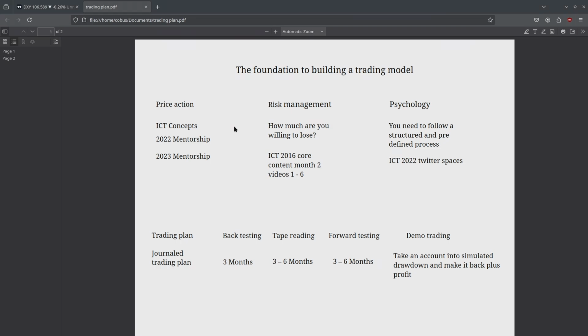So there is a plethora of entry models that could be applied using the 2022 mentorship's logic. So what you start with, that is completely up to you.